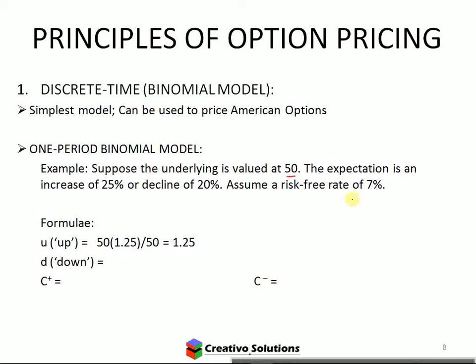So the price will decline by how much? 20%. So take off 20%, which is 0.8. So 50 times 0.8 divided by 50. Yeah, that's just coincidence.